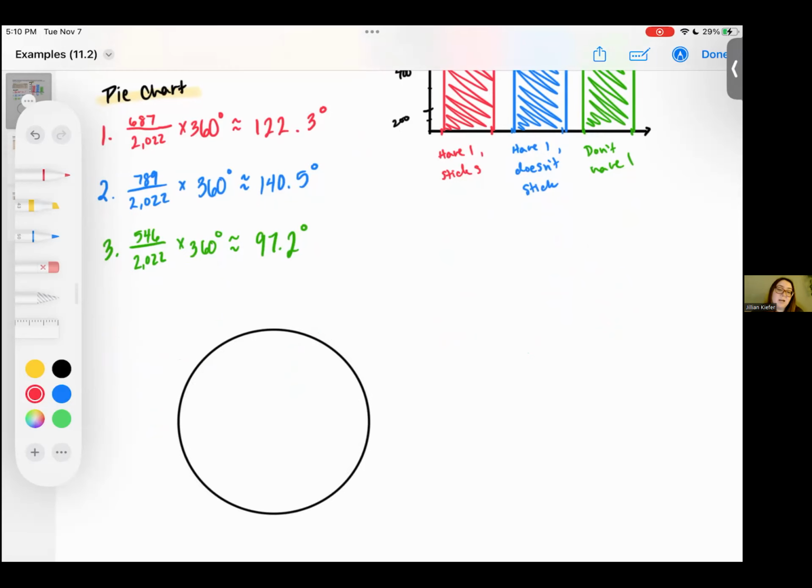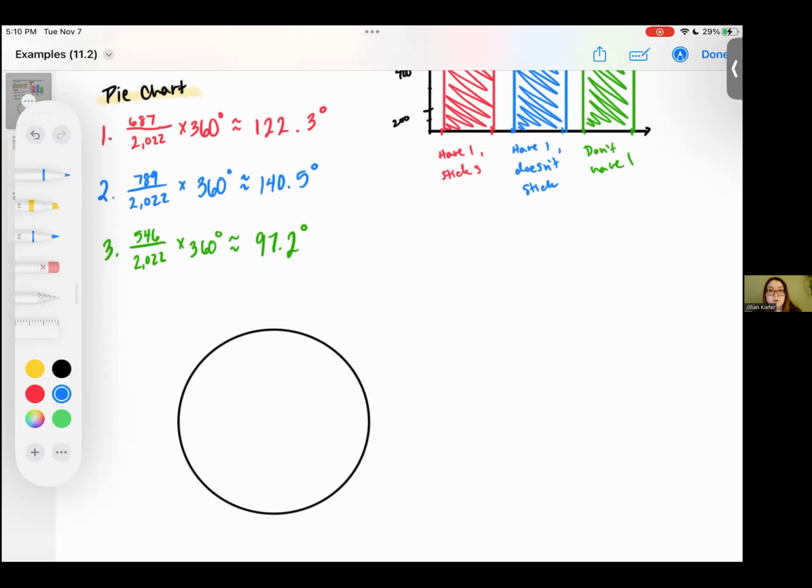Starting with our first category, you can really start with any category you like. Looking at it, actually starting with the biggest category is probably going to be the best. So let's start with number 2, which was 140.5 degrees. If we consider a quarter being 90 degrees, a half would be 180 degrees. So this is definitely between a quarter and a half.